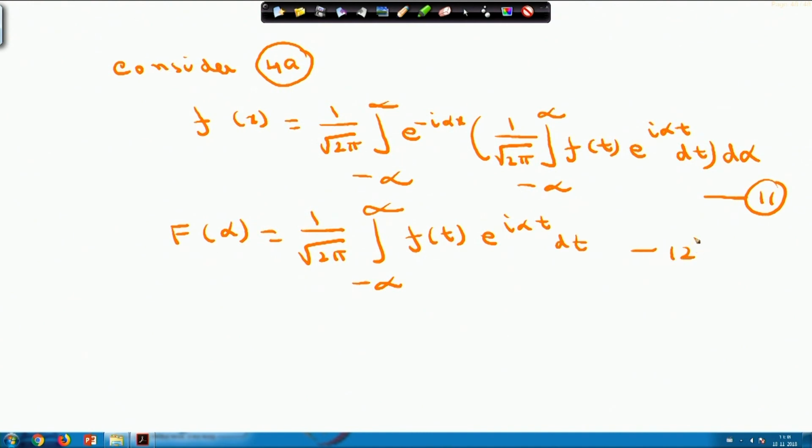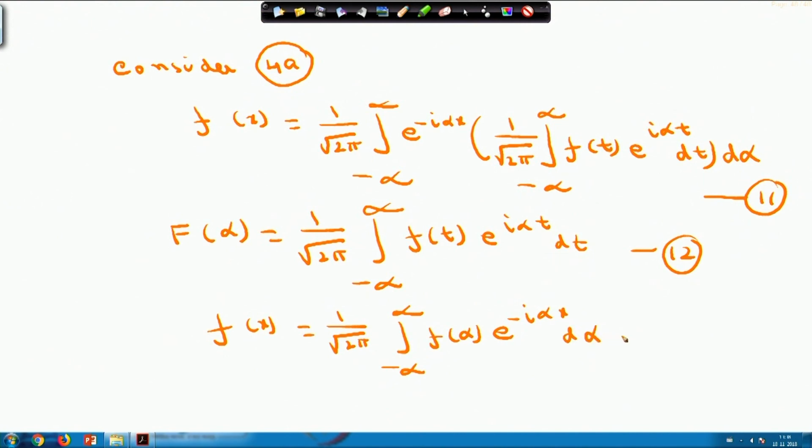This is equation 12. Then f(x) can be written as 1 by root 2 pi, integral from minus infinity to infinity of F(alpha) e to the power minus i alpha x d alpha. So in this form, equation 12 is known as the Fourier transform of the function f(x), whereas the inverse Fourier transform of capital F(alpha) can be obtained from equation 13.